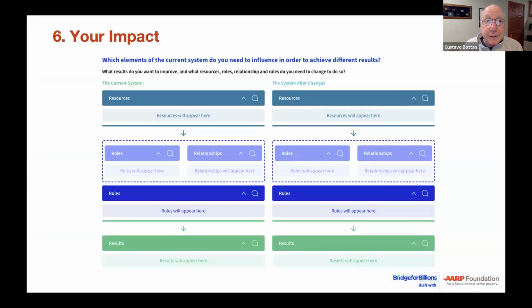So your impact, this is also part of the step as we're going forward. You will see on the left what your current system was and the system that you hope for after the changes. Now, again, I want to emphasize those on the right do not need to be something that you're going to achieve in 2 years or immediately.